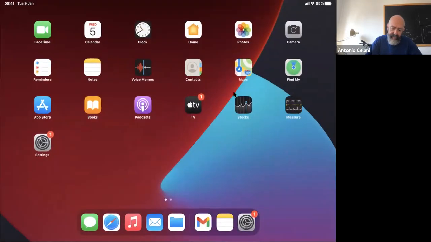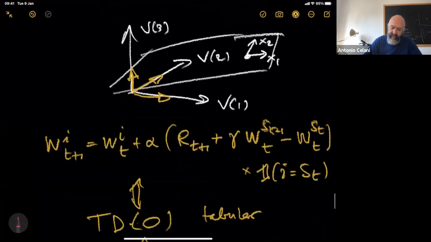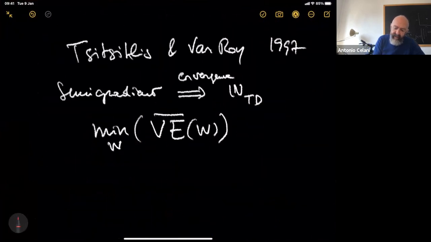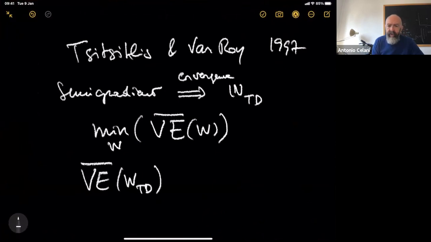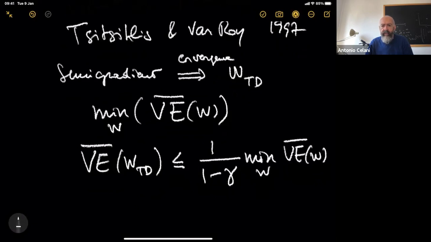The relevant result is that the error that you make, if you converge with your semi-gradient method to a certain value of parameters, is smaller or equal than 1 over 1 minus gamma of this minimum. This is both good news and bad news.